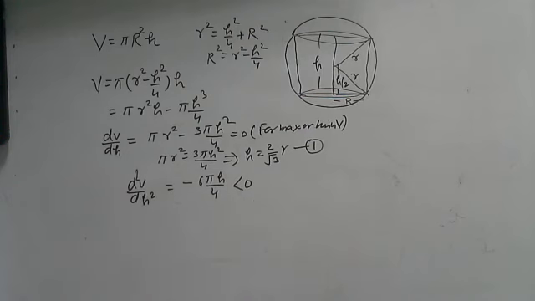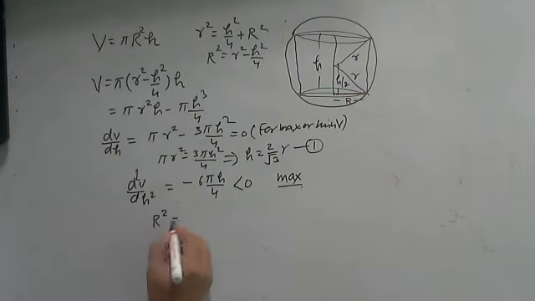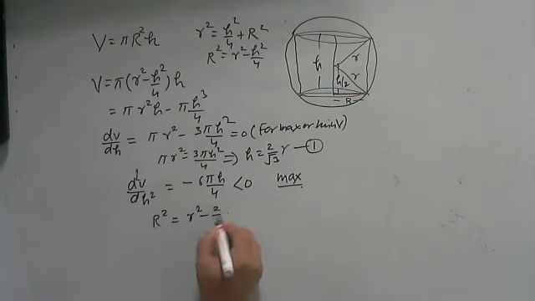which is less than 0. And we all know if the double derivative is less than 0, it is a case of maximum. It is a case of maximum, and when we put this value here, it gives us r square is equal to R square minus 2 upon 3 R square.